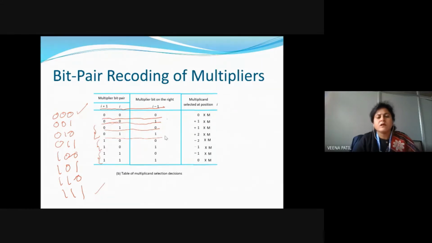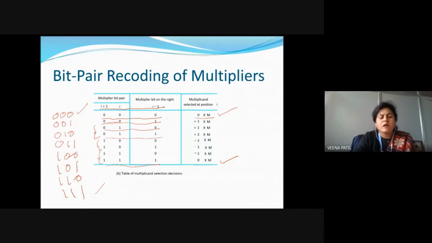Okay. Now in the previous Booth recoded multiplier, you have seen we had written if the bits are same, it was 0 into m, right? Same way, here also we are writing the multiplicand meaning. Please write down this. If all the 3 bits are 0, it means it is 0 into m. If all the 3 bits are 1, then also it means it is 0 into m.